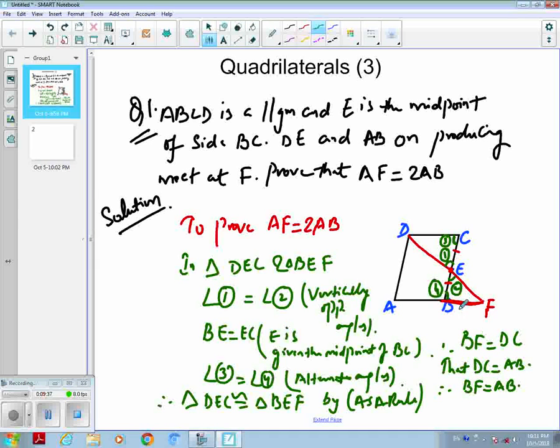And if BF is equal to AB, therefore we can write AF as AB plus BF, or AB plus AB, right? So therefore AF is equal to 2AB.